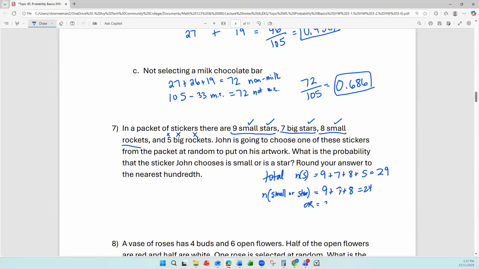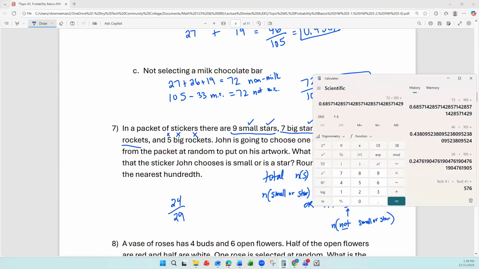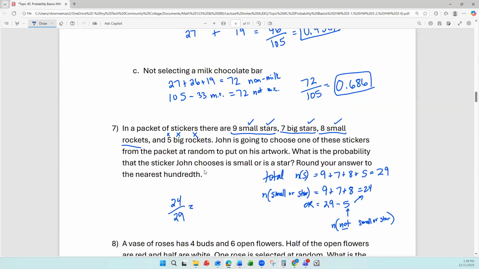Or you could do 29 minus the 5 that are not small or star. And still get 24. So 24 out of 29 of those stickers could be described as small or a star. And so 24 divided by 29, round to the nearest hundredth, is 0.83.